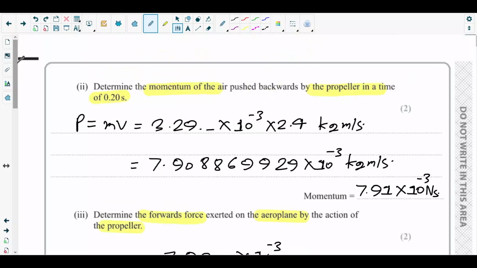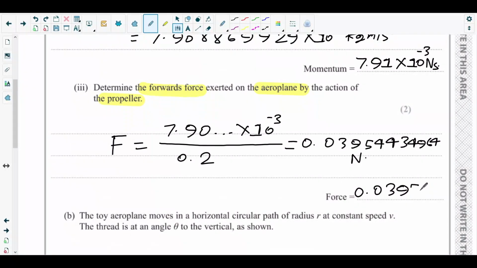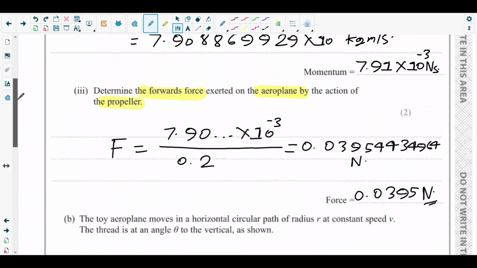This will give you 0.03954434964 Newton. So we can write it to three significant figures as 0.0395 Newton. That's the answer for part 3 of A. Fine.